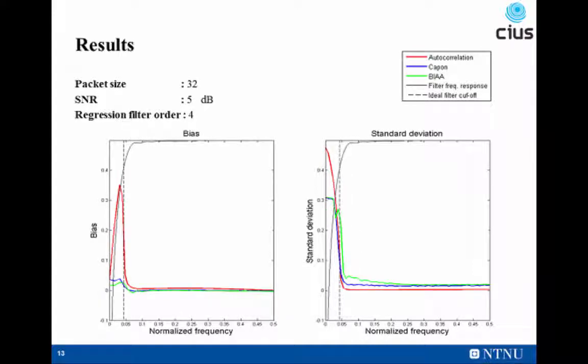And here you can also see that by increasing the packet size, we can set the threshold for the adaptive spectral estimation methods to a lower frequency, because the resolution of the spectral estimation methods is increasing. And even though this is a low SNR, all the methods are performing similarly. And for the 20 dB case, there is not a big difference between all these three methods.